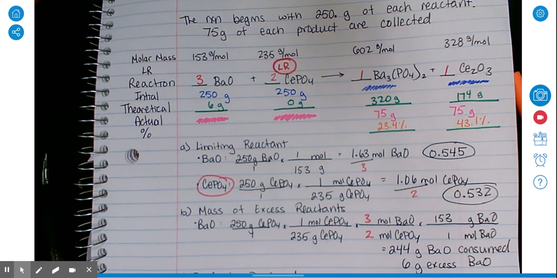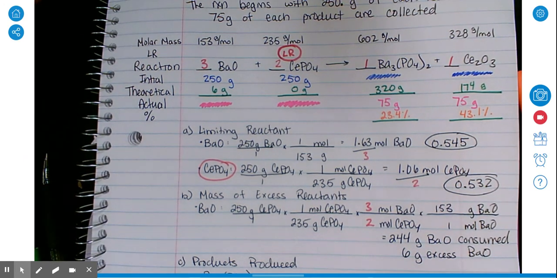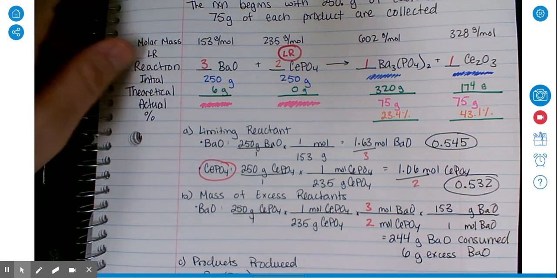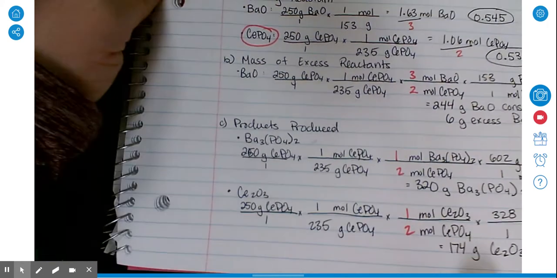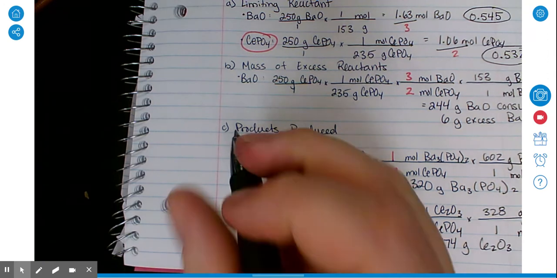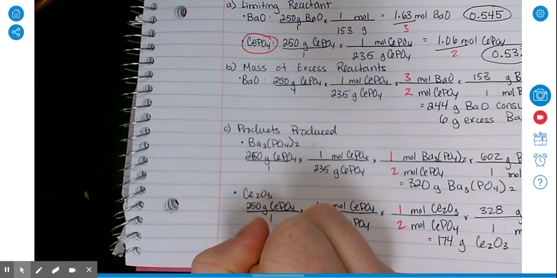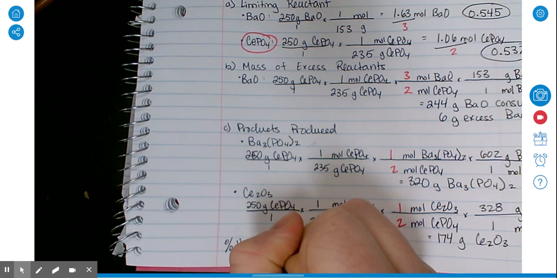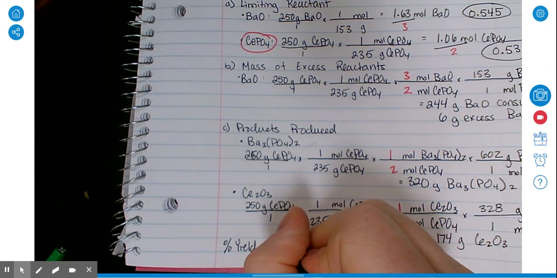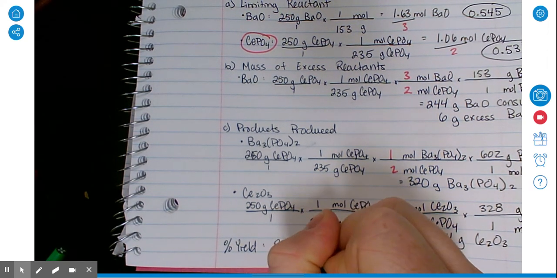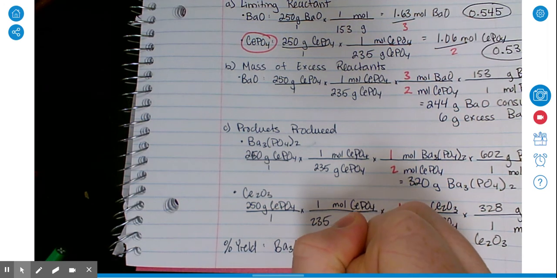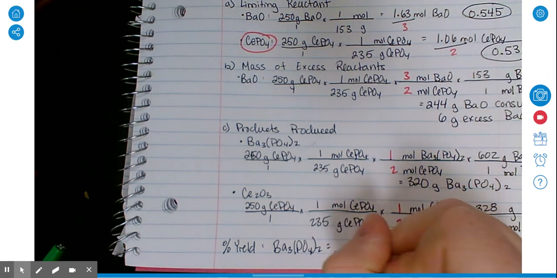Do go ahead and show your work. I didn't, but on a test or quiz you would need to show your work. So you could just throw that at the bottom of the page. I'll write them while I'm talking. These calculations are really short, but we did it for Ba3(PO4)2.